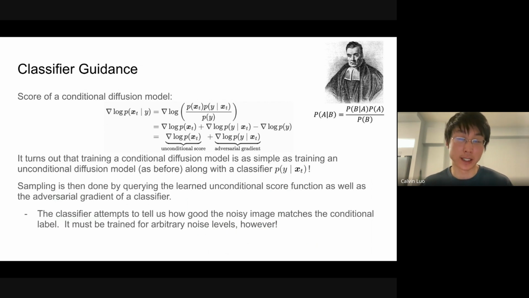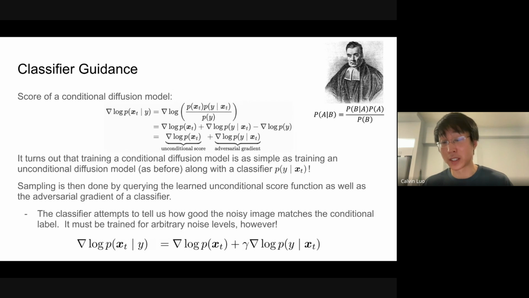So this must be trained on Gaussian noise versions of clean images, so we must train this for arbitrary noise levels. But once trained, we can query it for updates on how to make it respect conditioning information more. And we can combine it with the unconditional score, with a scaled version of this classifier guidance term, to ultimately compute a coherent conditional score.